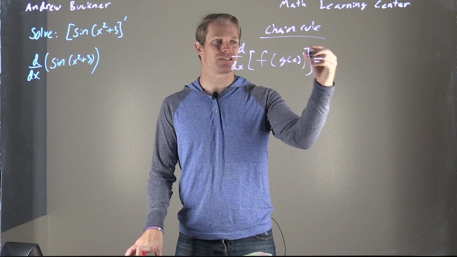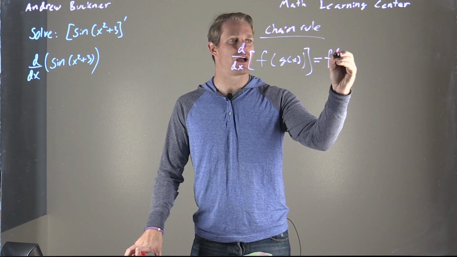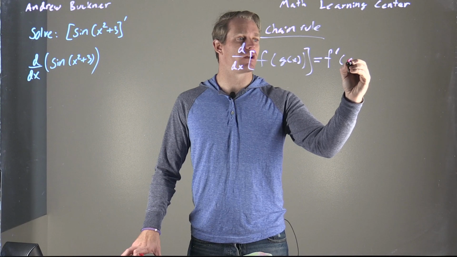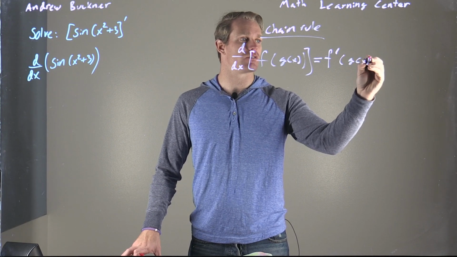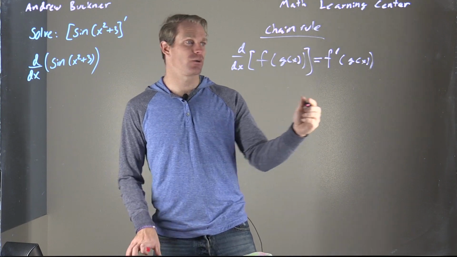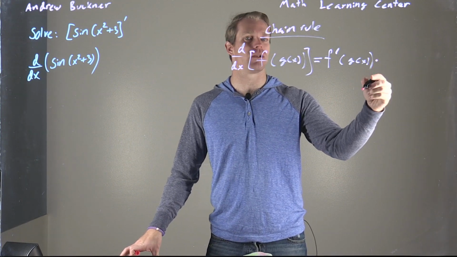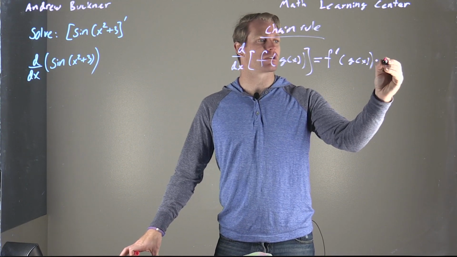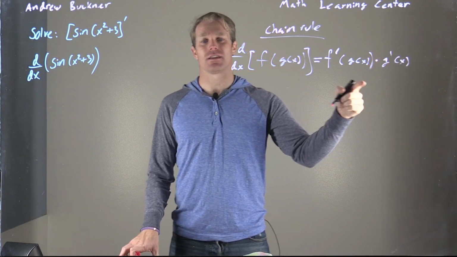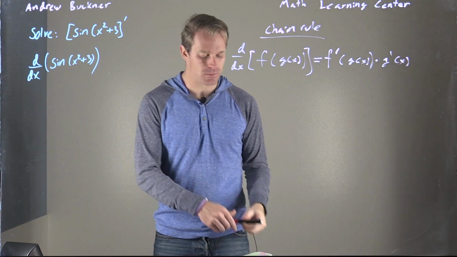It states that I take the derivative of the outer function, which I represent as f prime, evaluated at the inner function g of x. That doesn't just stop there. I have to then deal with the inner function as well, so I multiply by g prime of x, the derivative of the inner function.